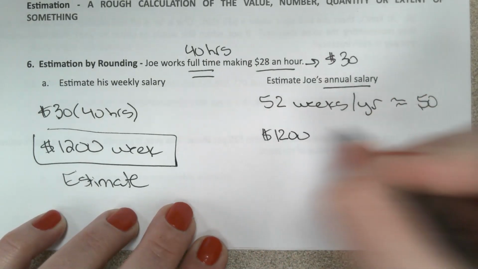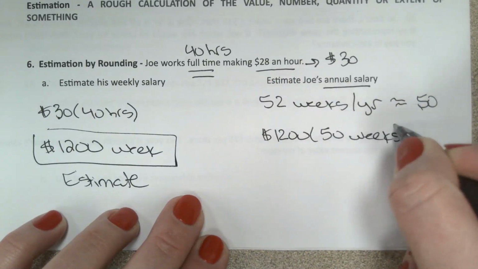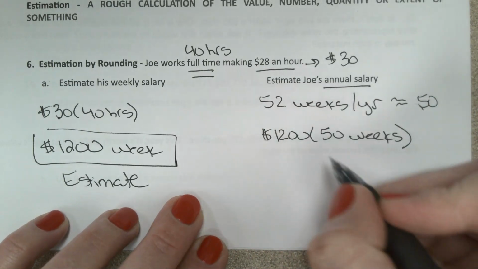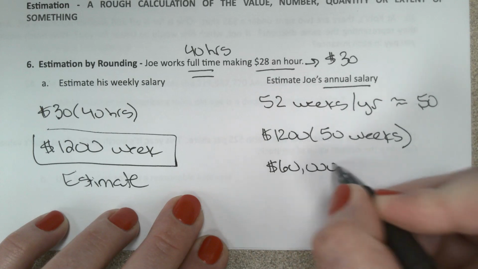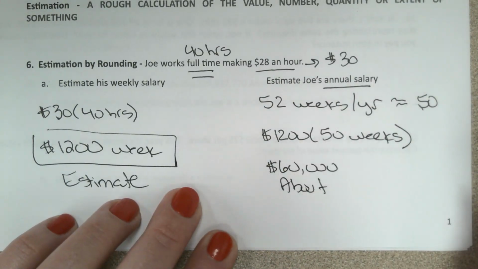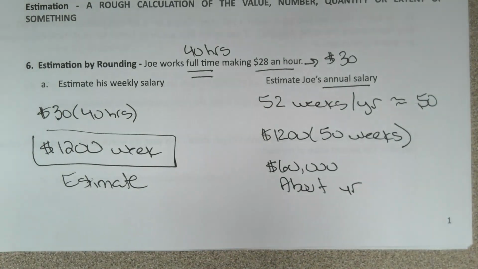So if I make $1,200 a week times 50 weeks, 5 times 12 is 60, and tag on 3 zeros. So he makes about $60,000 a year is how I would estimate that.